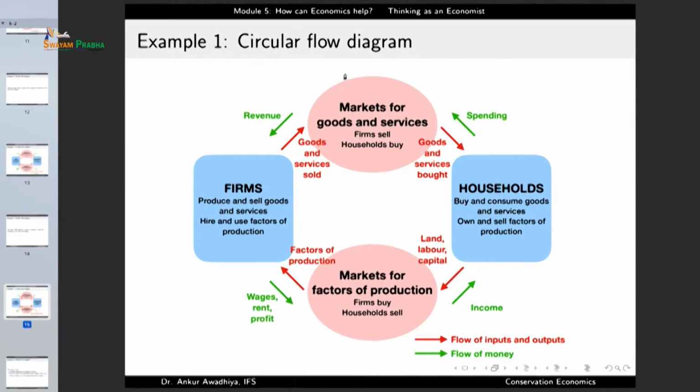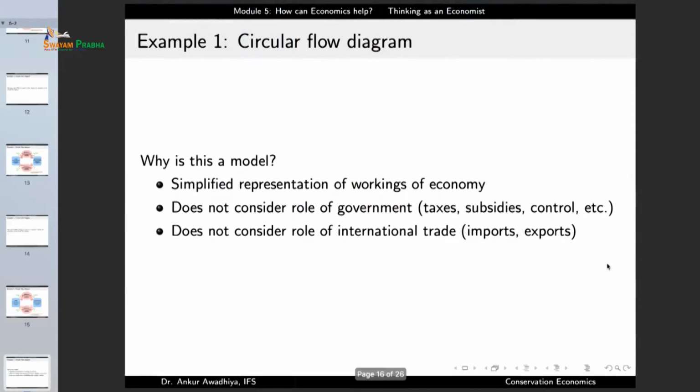So it is possible that out of this revenue, there is a certain portion that is going to the government. When the households are spending, probably the government is taking a share. When the households are getting income, probably there is an income tax that is being paid. But a circular flow diagram is neglecting all of these intricacies and is simplifying things, and so this is a model.